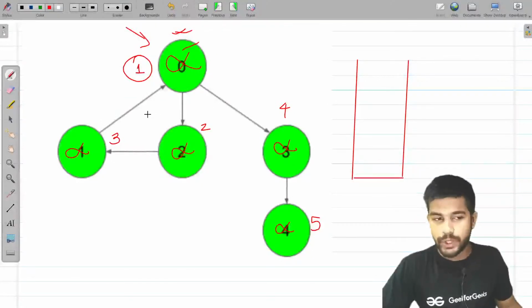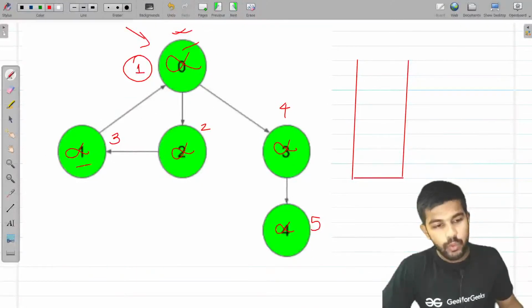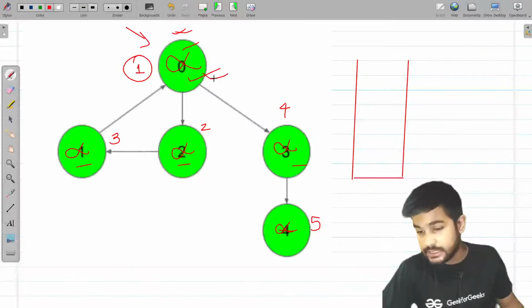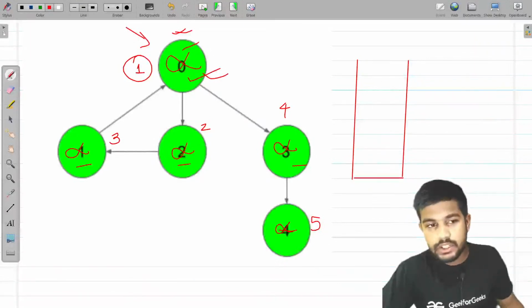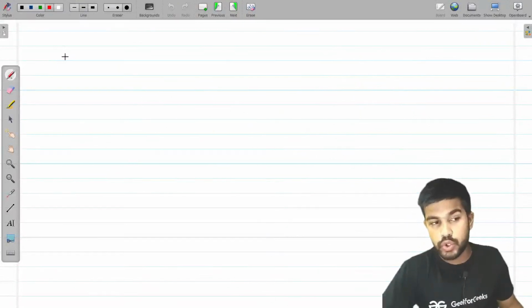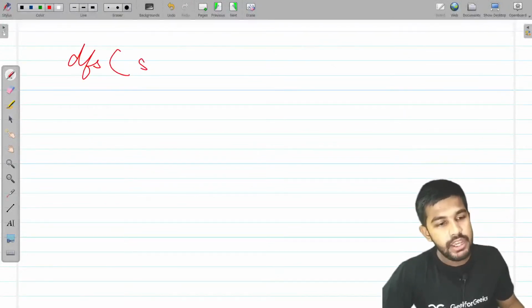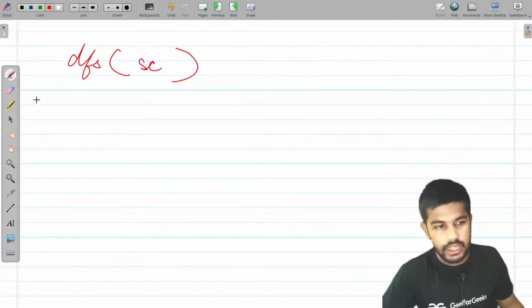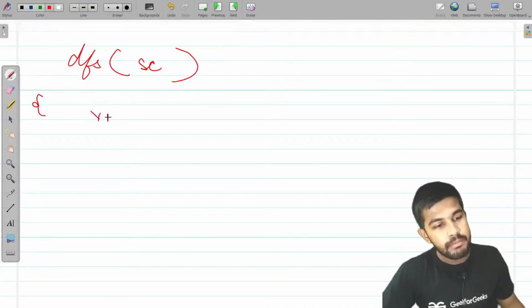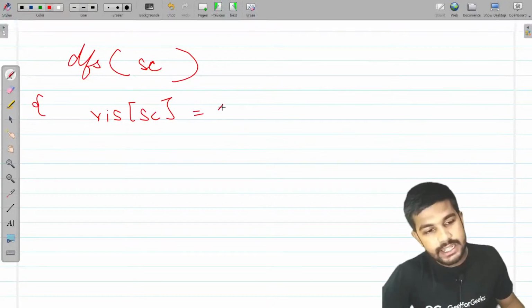Now we would be doing this. Now 1, 2, 3, 4, and then at the end 0. Why at the end 0? I would be showing you the pseudocode. So we do a DFS and we take here the source, and then we are marking the source as visited, that is true.